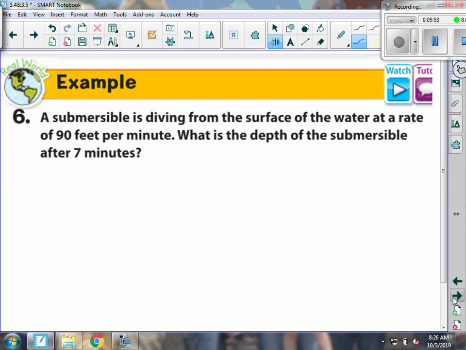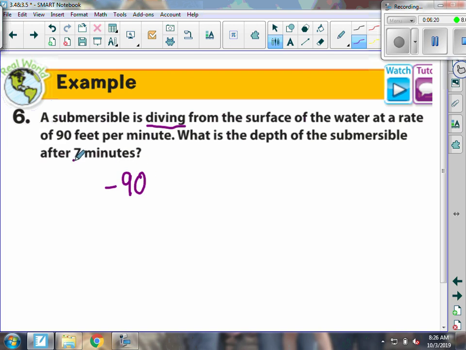Okay, so the sub descends 90 feet per minute. We need to figure out what integer to use to represent that. Descends or diving means that it's going down, so I'm going to put negative 90. It's going down 90 feet per minute.